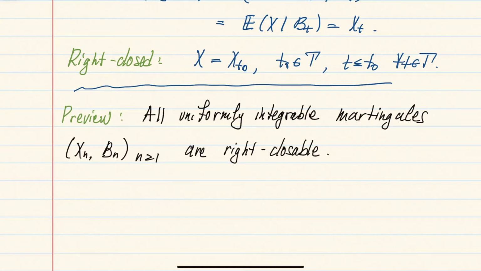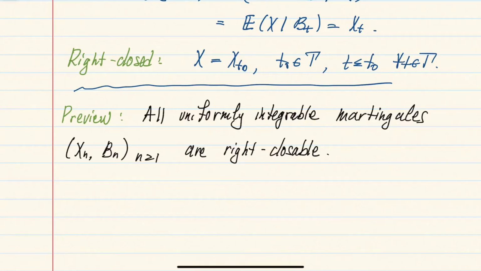We'll discuss later in this section what uniformly integrable means. That will be part of it: first of all, xn will converge almost surely, and the limit will be the random variable that generates the whole sequence. Of course, this uniform integrability assumption is in some sense a strong assumption. But if you have this property, then your martingale sequence must be of this form, a right closable martingale.